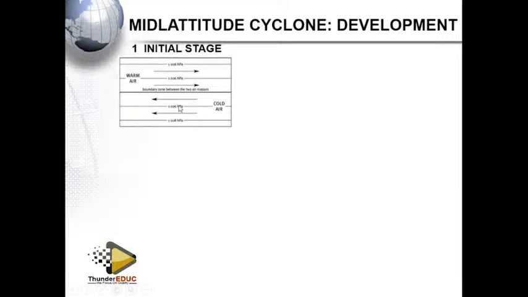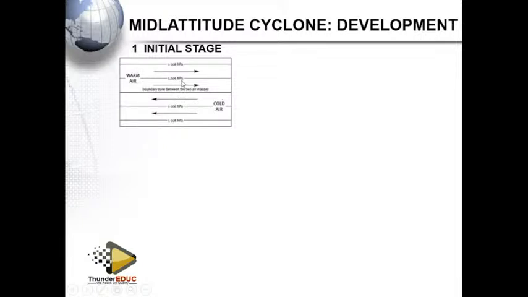In the southern hemisphere, the cold air is in the south and the warm air is in the north. These two air masses are coming from different directions. The point where the air masses meet, or converge, is what we call a polar front.